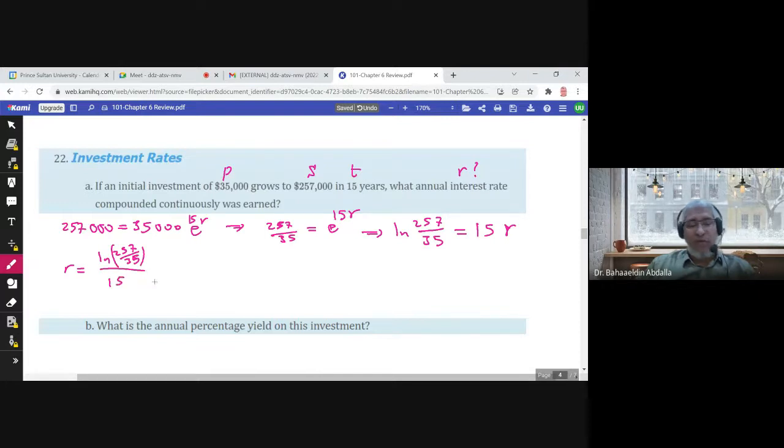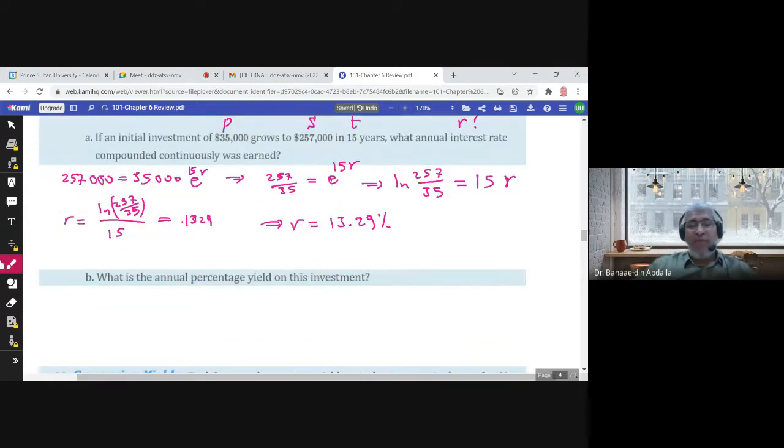And if I use the calculator, it will say 0.1329. So r is 13.29%. That's the annual interest rate.